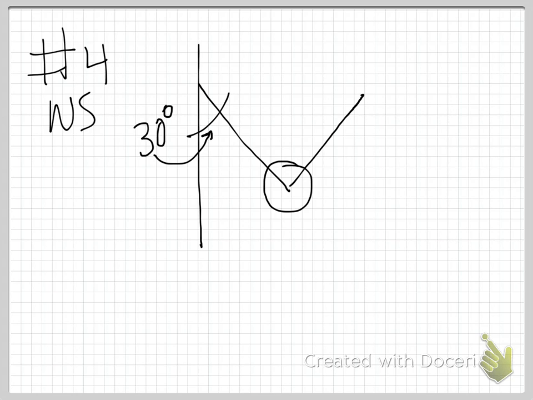My mistake. So I used, for the force of tension x and force of tension y, this angle, if this is 30, this angle is 60.